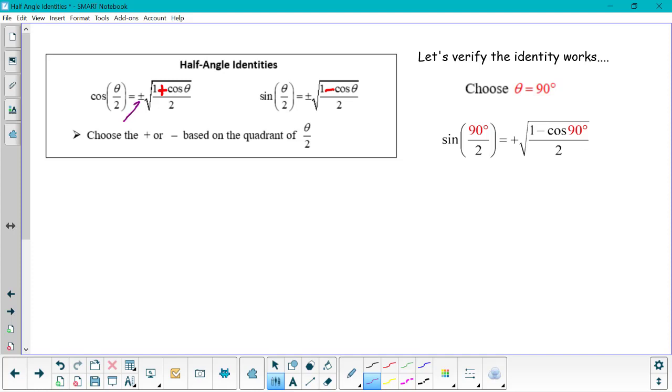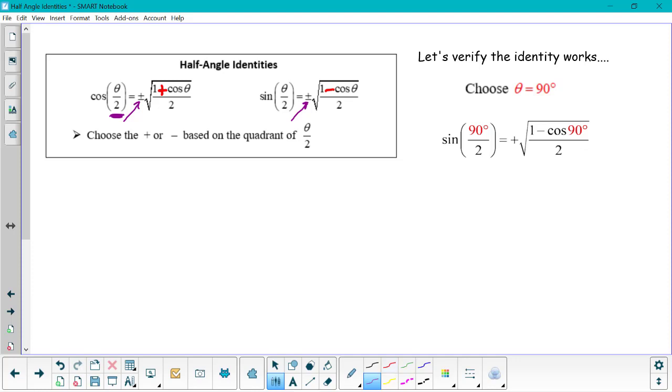You're going to have to choose positive or negative, depending upon the quadrant in which the angle that you're finding the cosine or sine of lies. For whatever this angle is, it's half of another angle, but what quadrant is theta over 2 in? And then you determine your positive or negative.